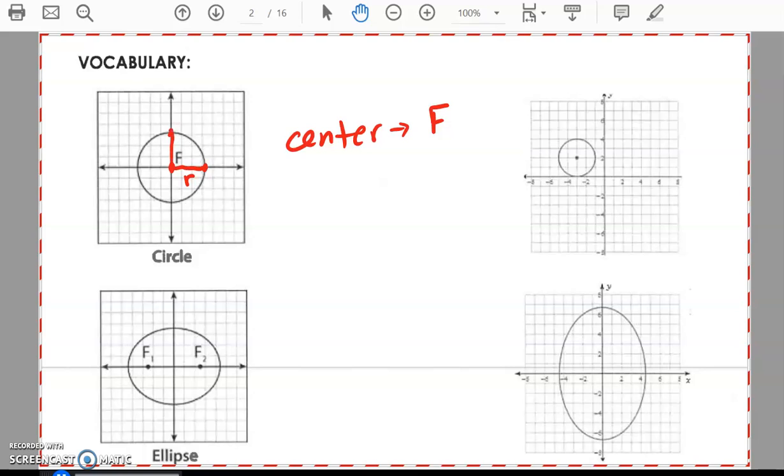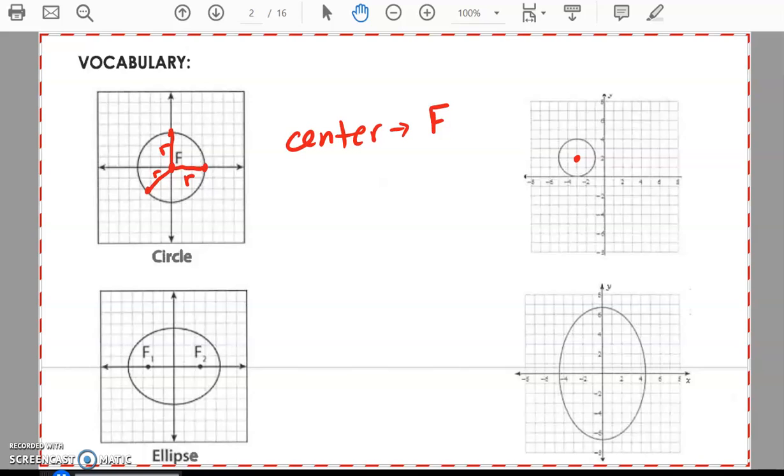In any direction, it should be exactly the same. Those are all a length of r. The center doesn't have to be at the origin. It can be placed anywhere.